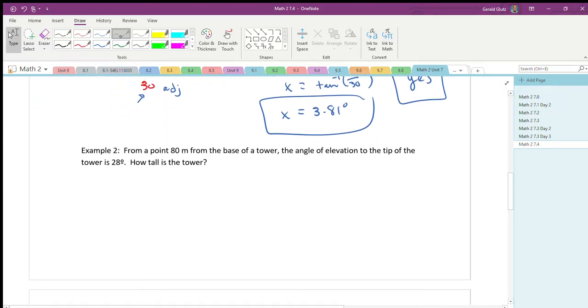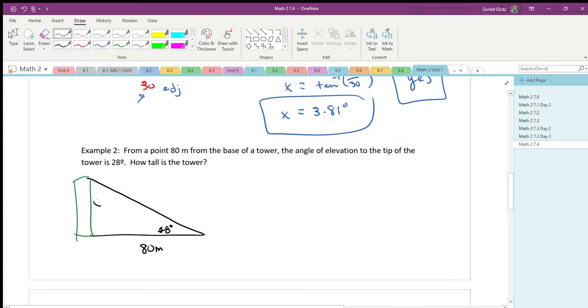Example 2. From a point 80 meters from the base of a tower. So we got our little tower here. And somebody is standing 80 meters away. So 80 meters away. They're looking up at an angle of elevation of 28 degrees.